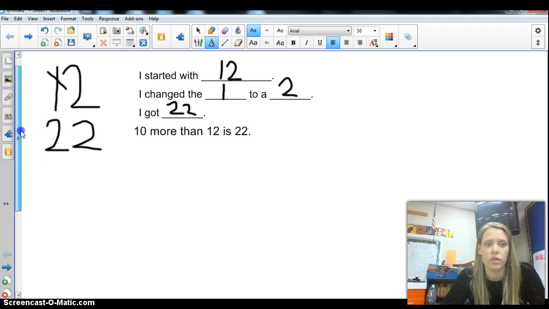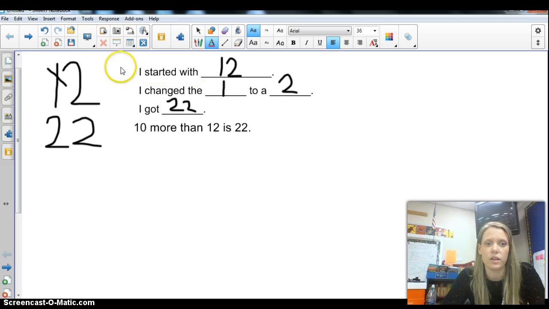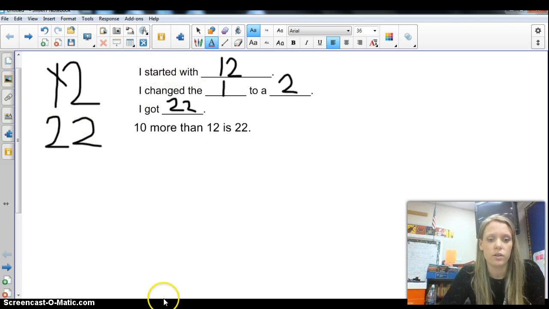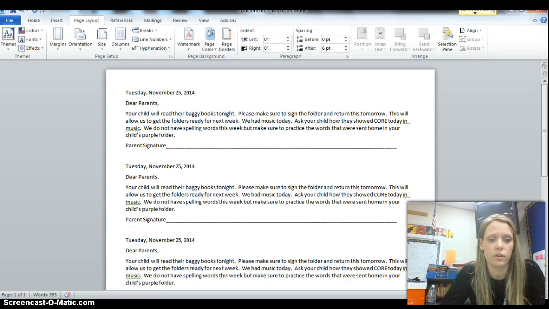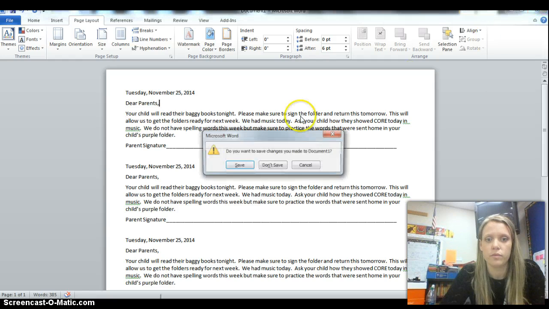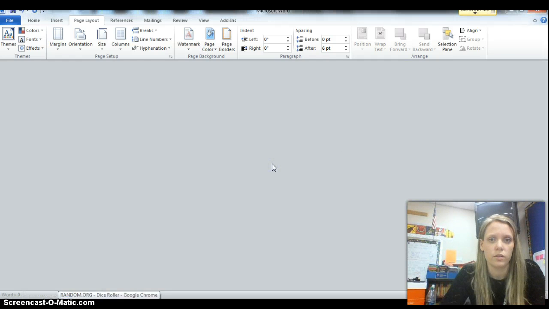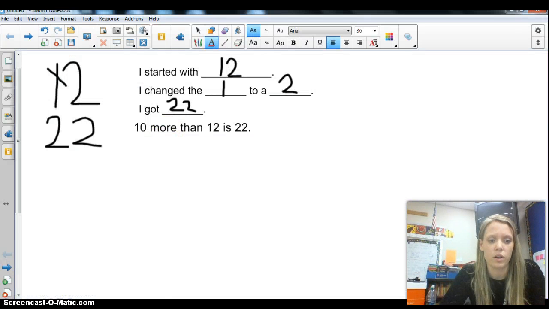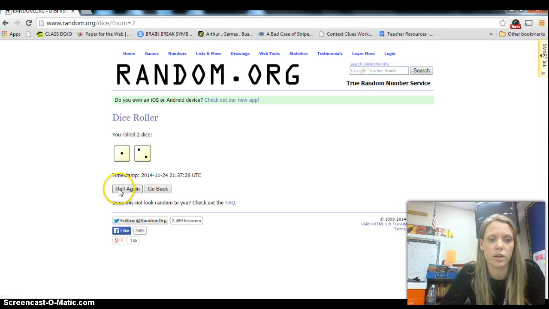So now that you know the stems that you need to write, the beginning of the sentences that you need to write, now I want to show you again. So I'm going to go back to my dice and I'm going to click Roll again.